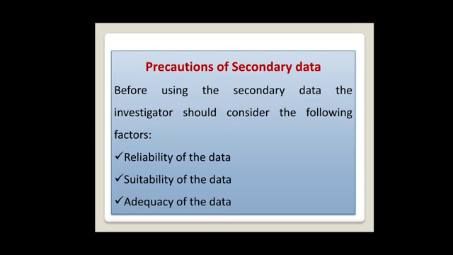Now, the third important factor which an investigator should keep in his mind before using the secondary data is the adequacy of the data. Students, if it is found that the data are suitable for the purpose of investigation, they should be tested for adequacy. Adequacy of the data is to be judged in the light of the requirements of the survey and the geographic area covered by the available data.